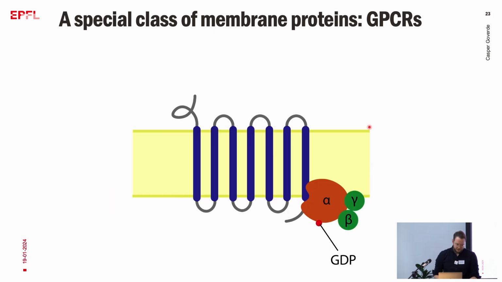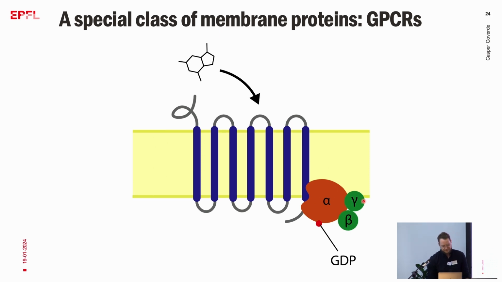So now let's go a step further. These GPCRs don't just have loops that antibodies can bind to, they're actually a lot more complex. GPCRs are these seven helical bundles that are stuck in the membrane, and they have a G-protein attached to them or nearby, which consists of G-alpha, G-gamma, and G-beta.